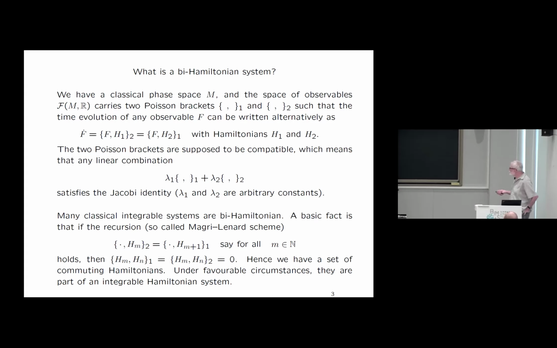And if this is so, then it is very easy to see that these Hamiltonians Poisson commute with respect to both brackets. So they have a chance to generate the commuting Hamiltonians of an integrable Hamiltonian system. And this simple mechanism works in several examples.